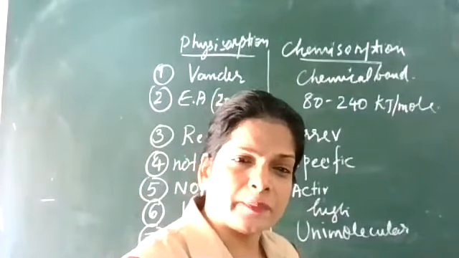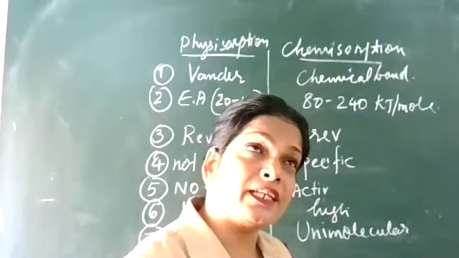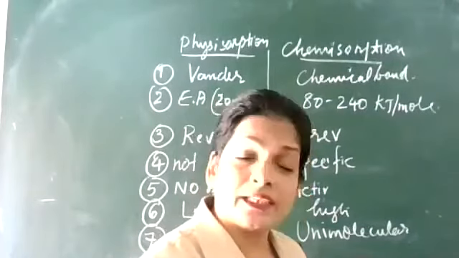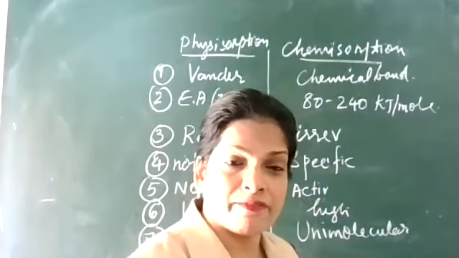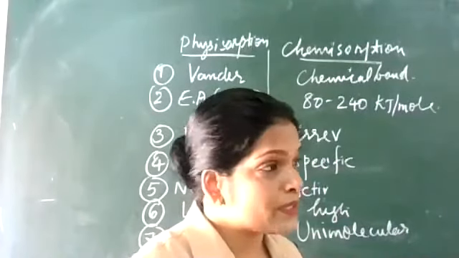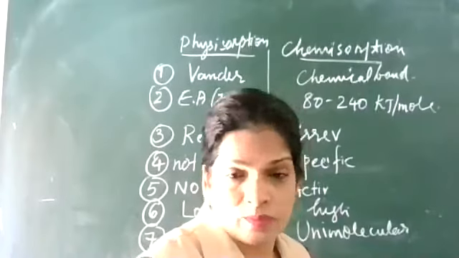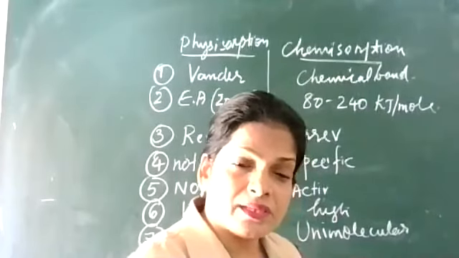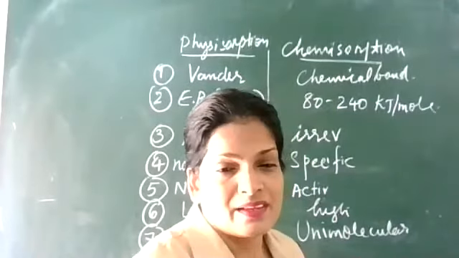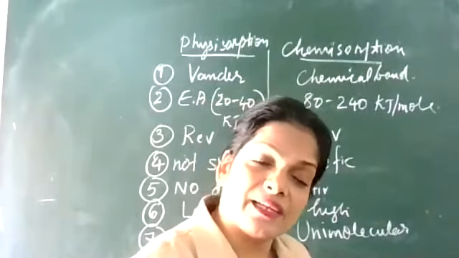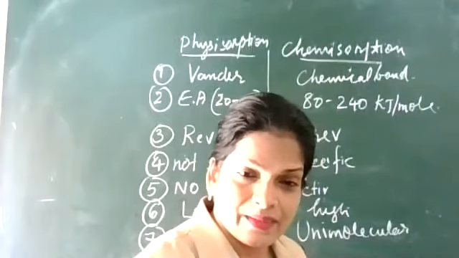That means SO2 is more easily liquefiable than other gases like ammonia. Ammonia is also liquefiable, but sulfur dioxide is very easily liquefiable. Easily liquefiable gases will get adsorbed easily.